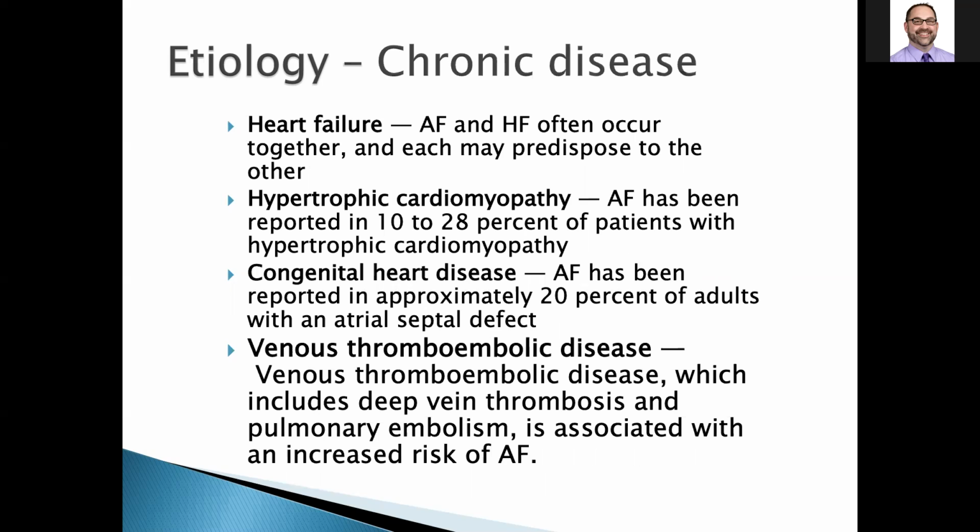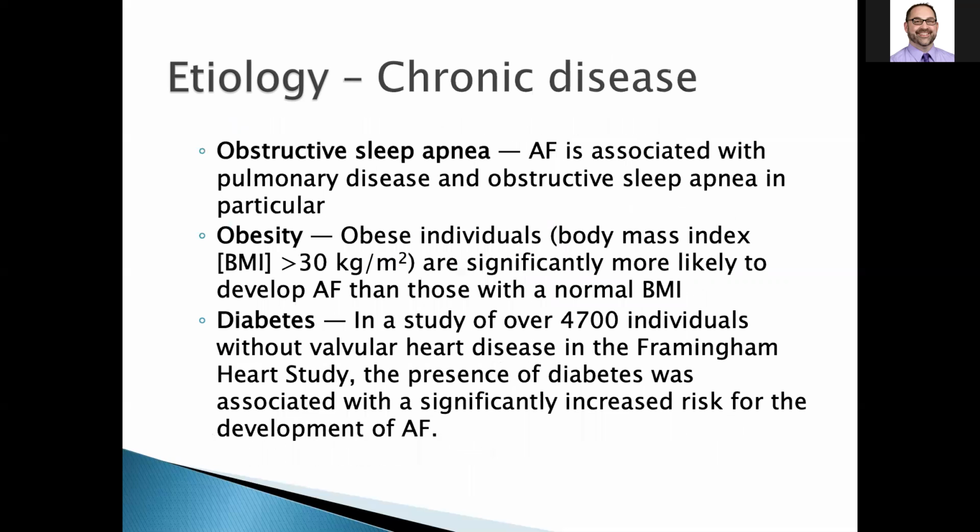Heart failure and hypertrophic cardiomyopathy, which we talked about in a previous lecture: it's been reported that about 10 to 28% of patients with hypertrophic cardiomyopathy will develop AFib. Congenital heart disease: about 20% of adults with an atrial septal defect. And then venous thrombotic disease, so people with DVT or PE have an increased risk of atrial fibrillation. Obstructive sleep apnea is definitely a big one.